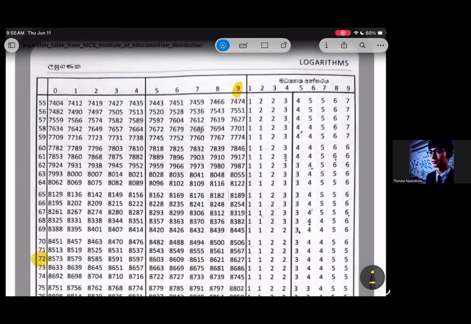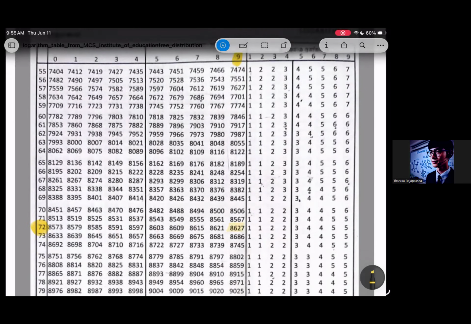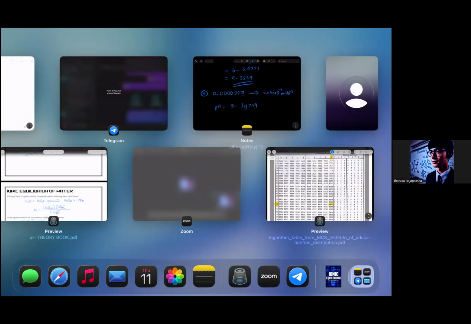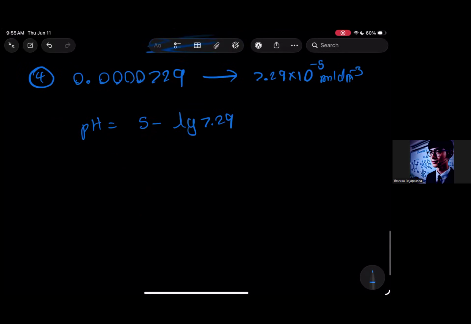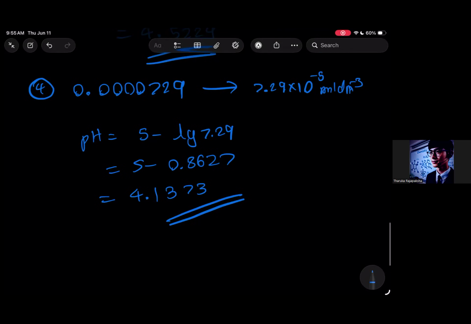And you look at the value related to that, which is going to be 8627, right? So it's going to be 5 minus 0.8627. And that's going to be 4.1373. Okay, so that's the answer for this one.